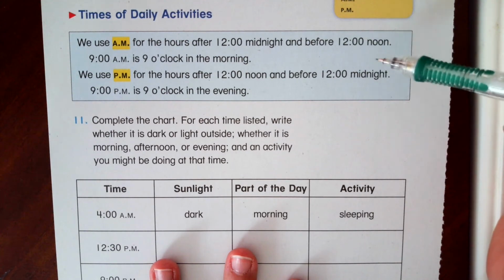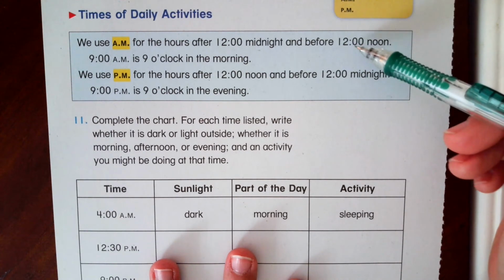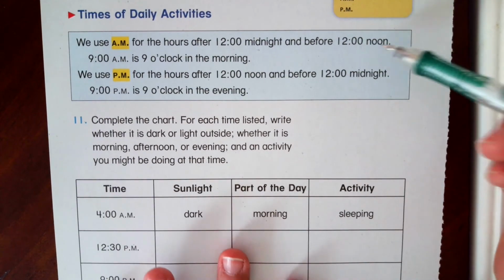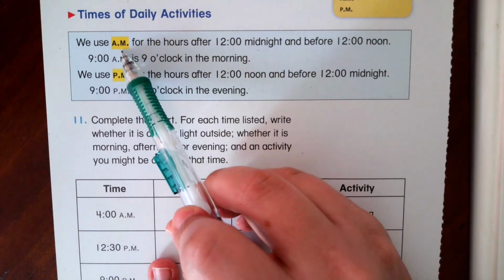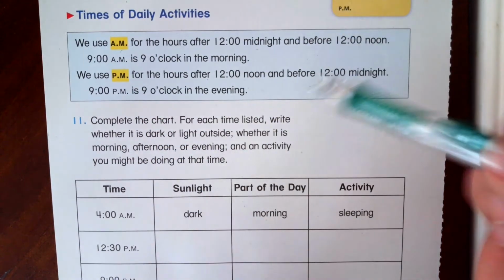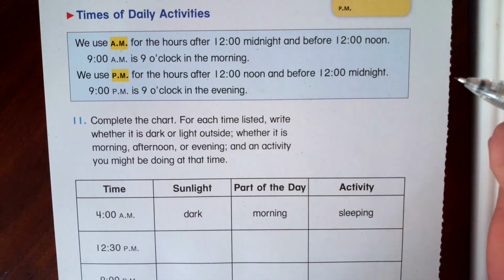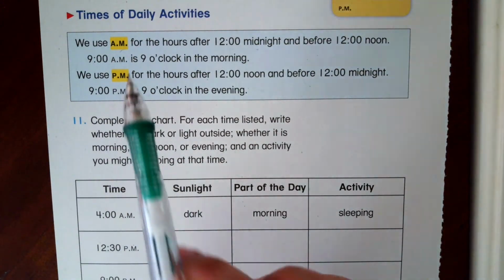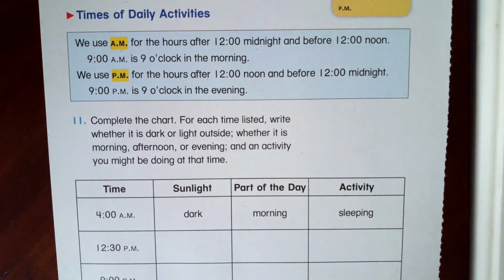And then all the way until 11:59 a.m., right before 12 noon, that is all considered AM. So it means in the morning. AM means in the morning. Okay, so 9 a.m. is 9 o'clock in the morning. So we start school at 9 o'clock in the morning, or 9 a.m.